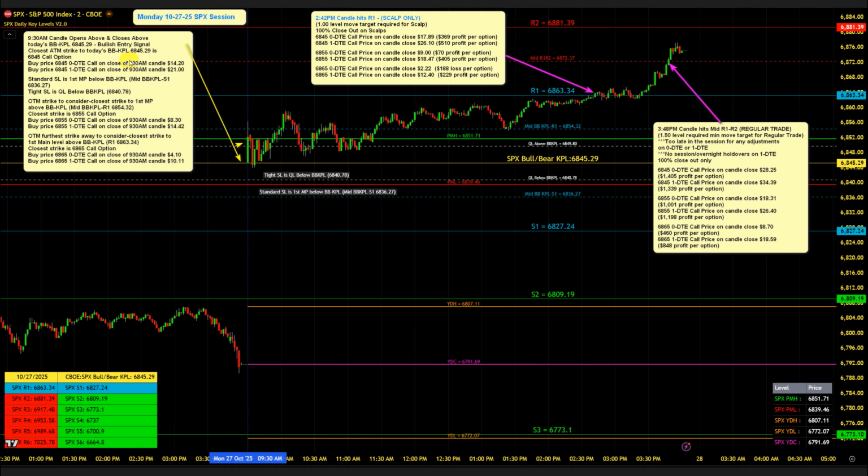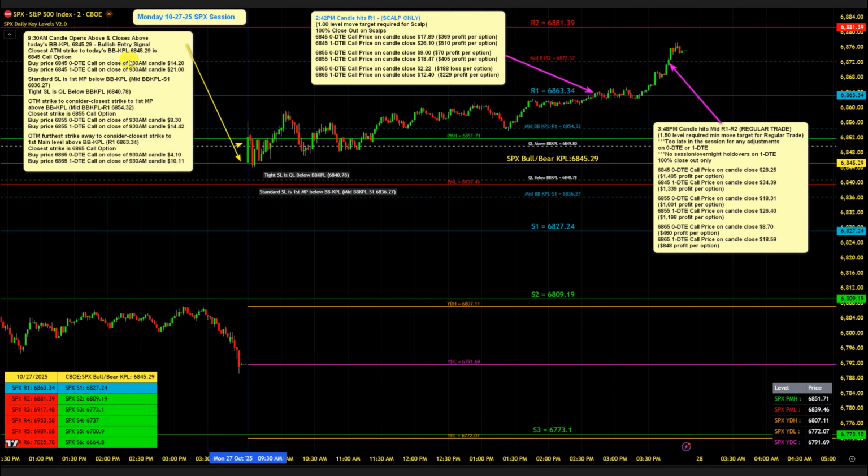So regardless of what expiration you're using, even if you were using 1 week to expiration, which is not recommended because they are day trading options only, you are going to be opening and closing those trades all in the same session.